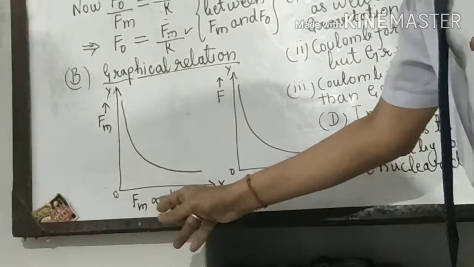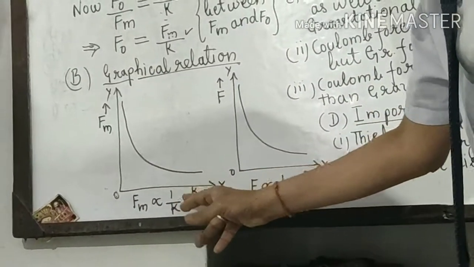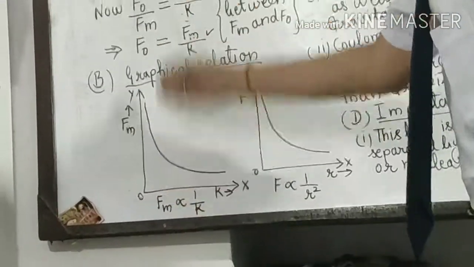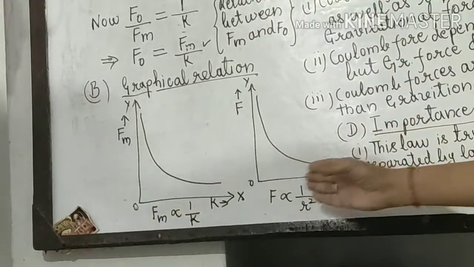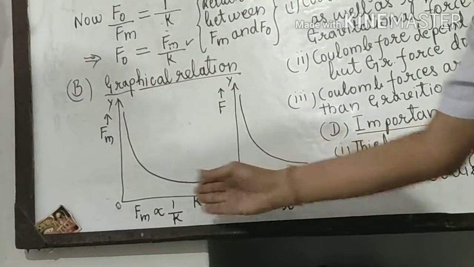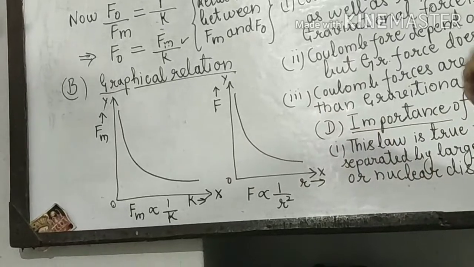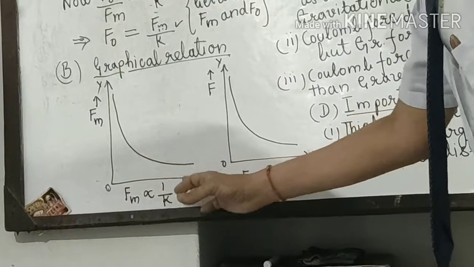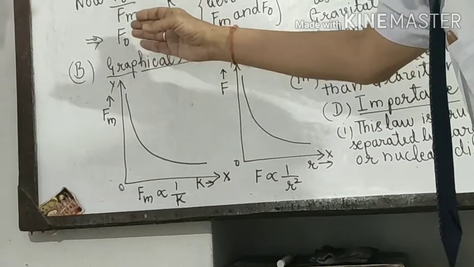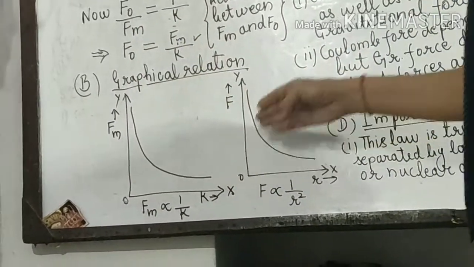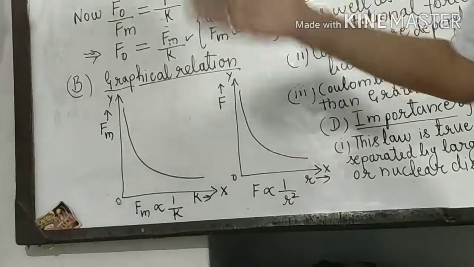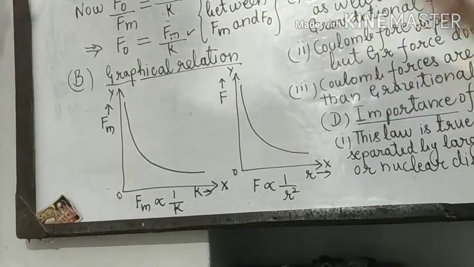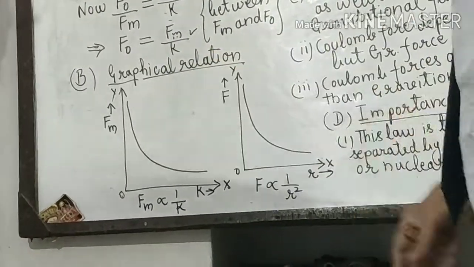So Fm is inversely proportional to K. If values of Fm are plotted on the y-axis and the values of dielectric constants of different media are plotted on the x-axis, then as the dielectric constant increases, the electrostatic force goes on decreasing hyperbolically, not linearly, because the curve is coming.